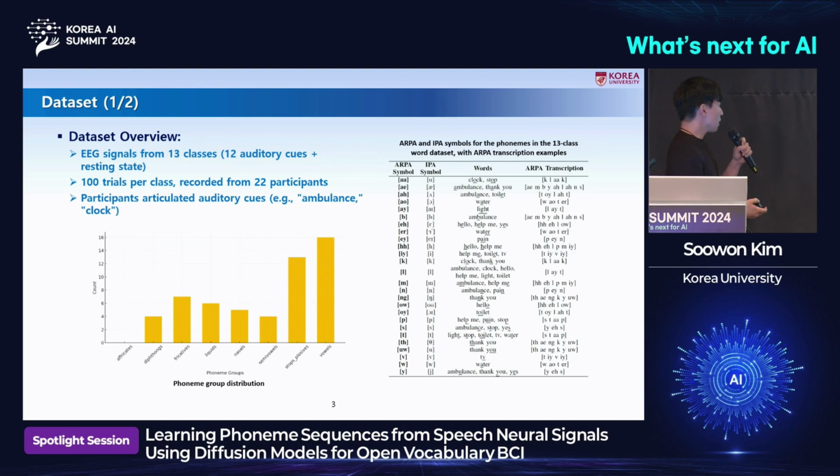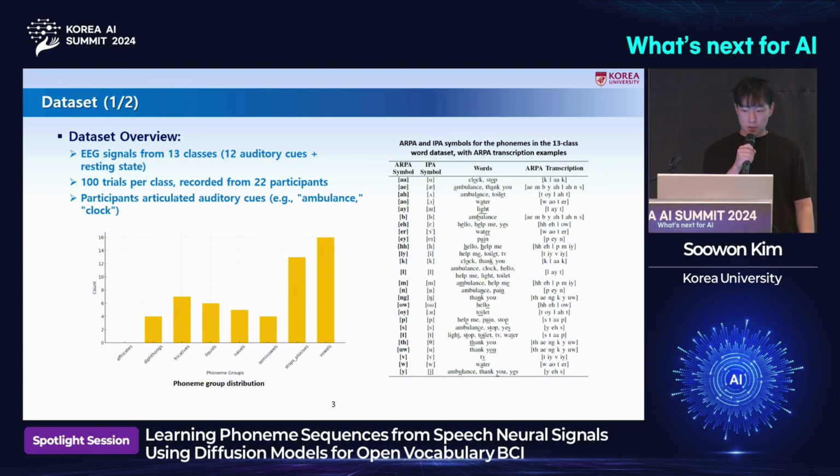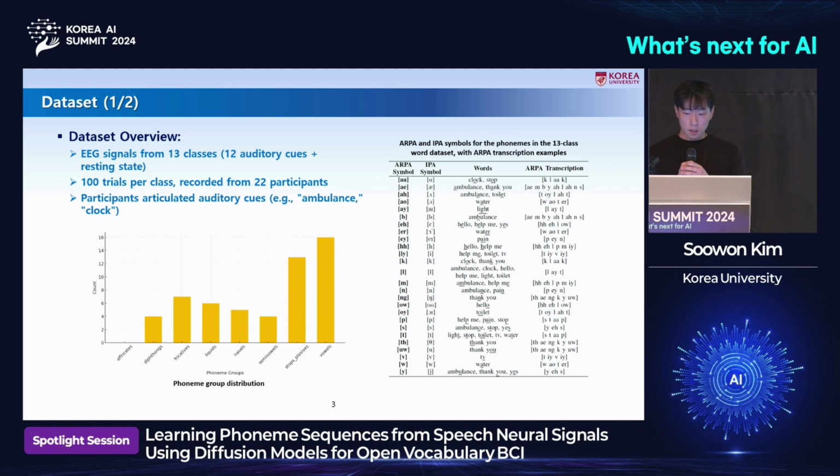So this is our data set. We only had 13 classes, which consist of 12 word classes and 1 resting state. We had 22 participants and 100 trials per class. So the amount of data is really limited. And on the right side, we have transcription examples.